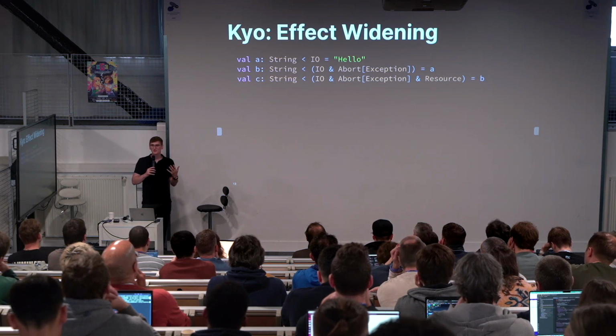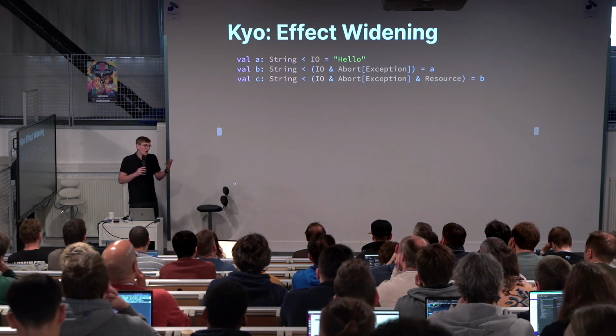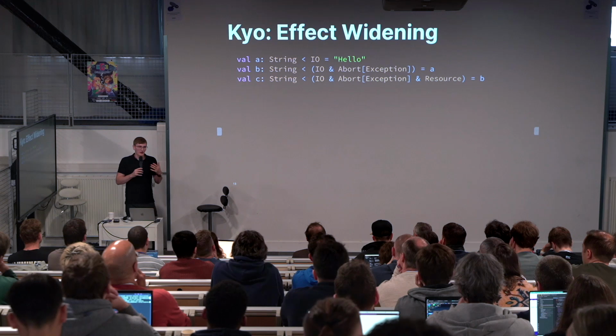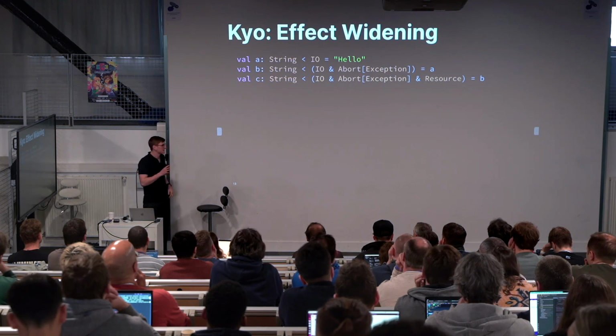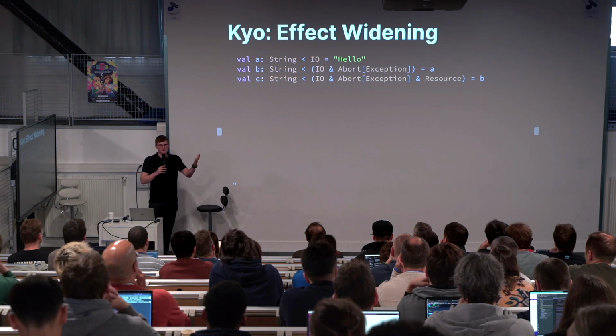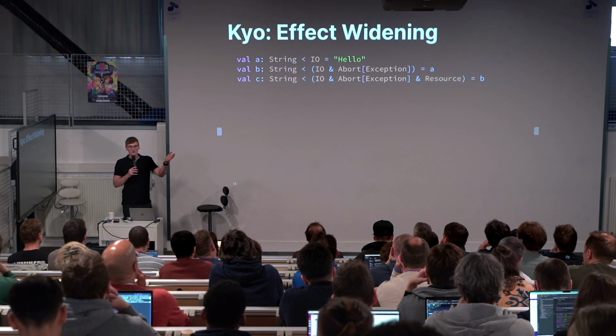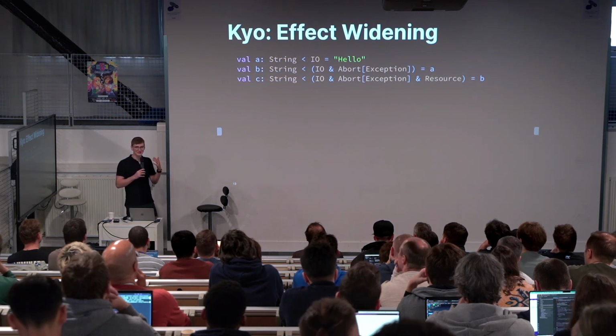How many of you have used ZIO.when or some other combinator in ZIO, or another effect system, where you need to branch, or the dreaded if X do Y, and then in the else case we need to ZIO.succeed of 42 or whatever. That is a real pain, and it becomes very, very bothersome very quickly.